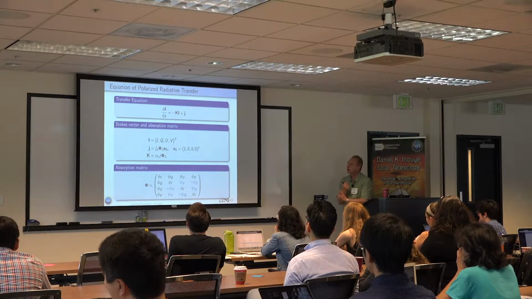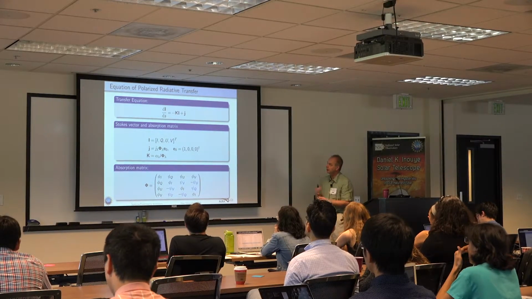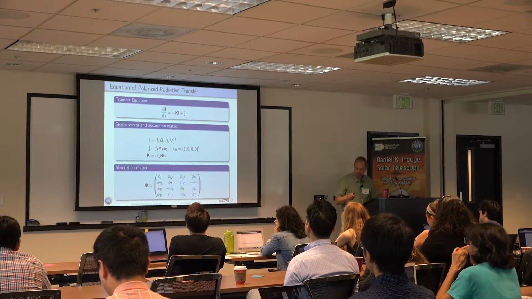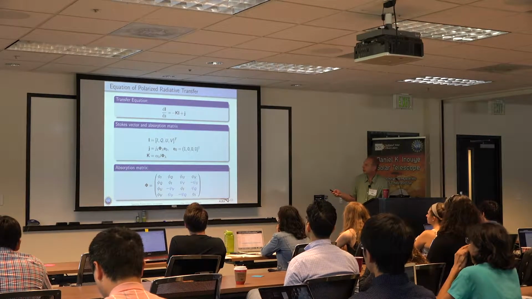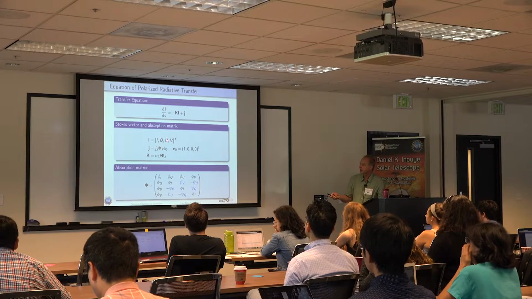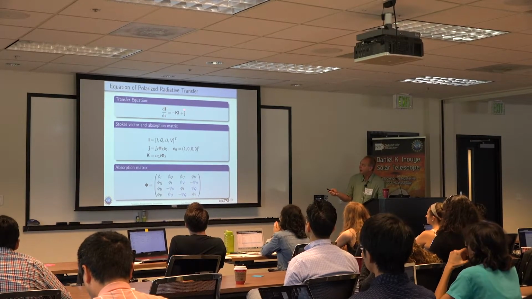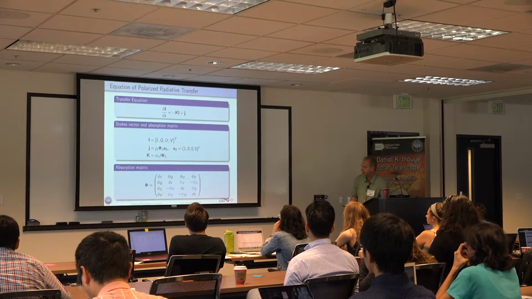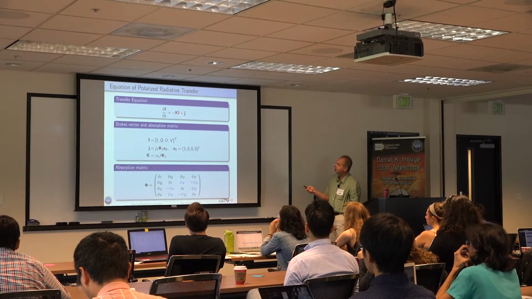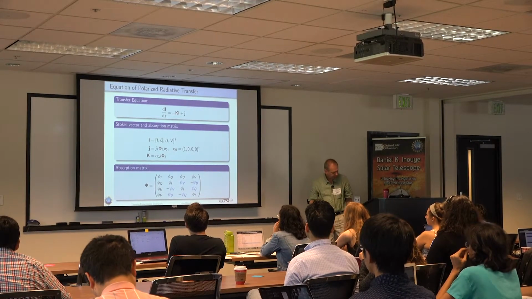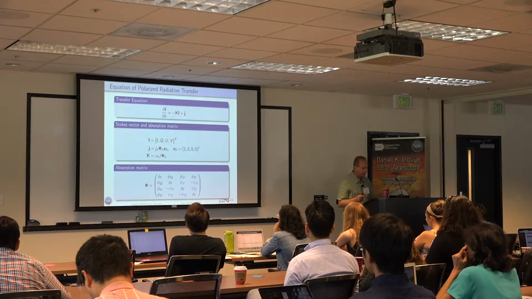Instead of a scalar equation of radiative transfer, we now have an equation of transfer for the four Stokes parameters. So here, I and J are the 4-vector, and K, the propagation matrix, is now a 4 by 4 matrix.